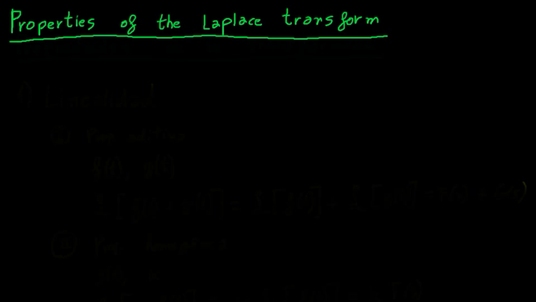So let's go with the first property, whose name is linearity. The Laplace transform is a linear operation. This actually involves two separate conditions.